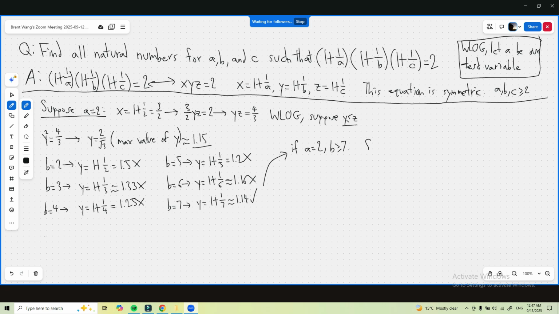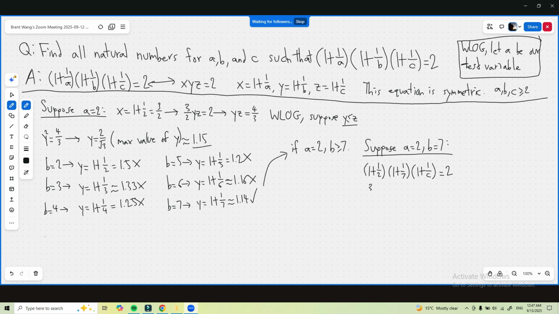So suppose a equals 2 and b equals 7. Let's find what c would equal. So then you'd have 1 plus 1 over 2 times 1 plus 1 over 7 times 1 plus 1 over c equals 2.